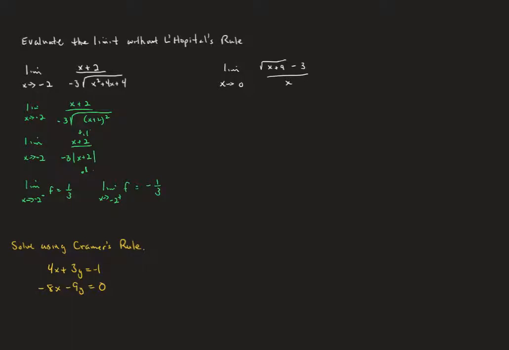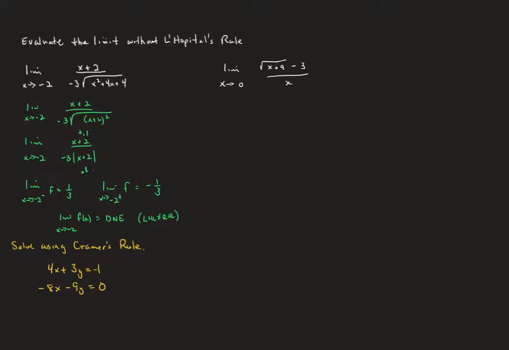So the limit as x approaches negative 2 of that function does not exist, because the left-hand limit and right-hand limit are not the same.